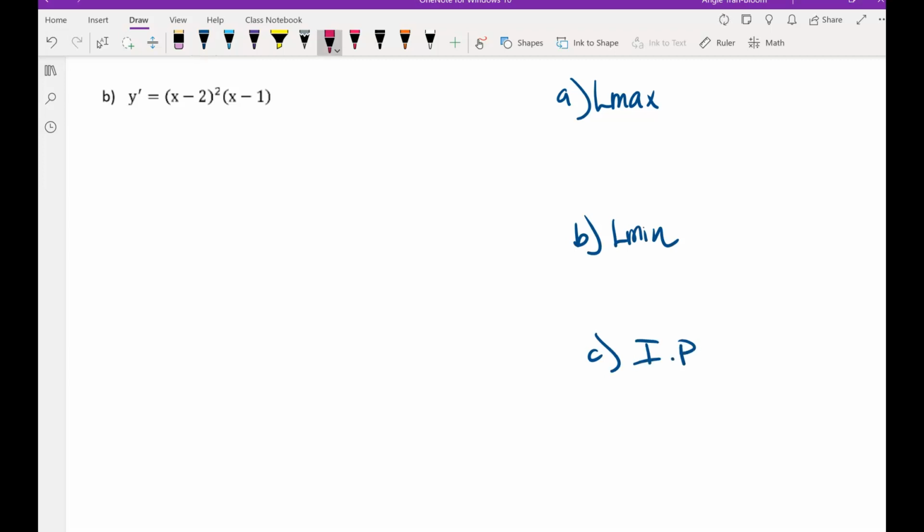And just to remind yourself, remember, if you're working on your homework, it's always a good idea to write these rules out, because when it comes to your exam, it's a lot quicker for you to finish a problem if you can recall these formulas or theorems from your memory, okay? So local max is when you have the first derivative going from positive to negative, or when you plug in your second derivative and it's negative.